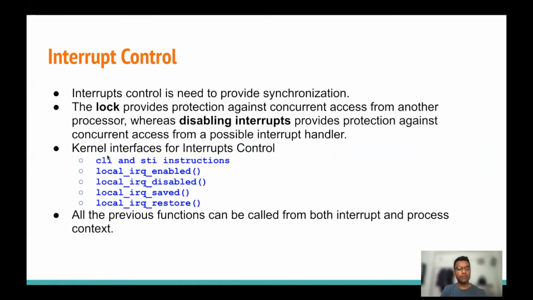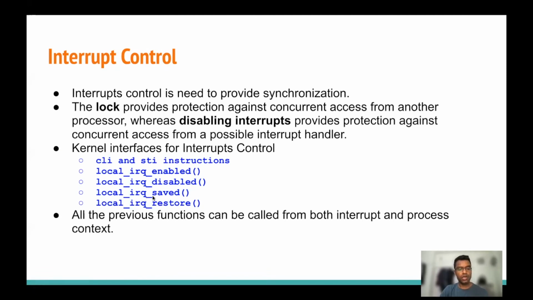When we run these instructions, they set those flags, so accordingly the interrupts can be enabled or disabled. And these functions, local_irq_enable and local_irq_disable, internally implement these CLI and STI instructions. These are just enabling and disabling the local interrupts on a particular processor.